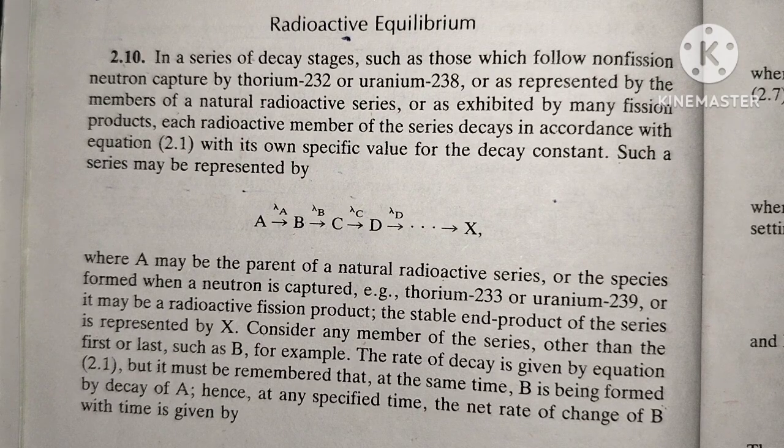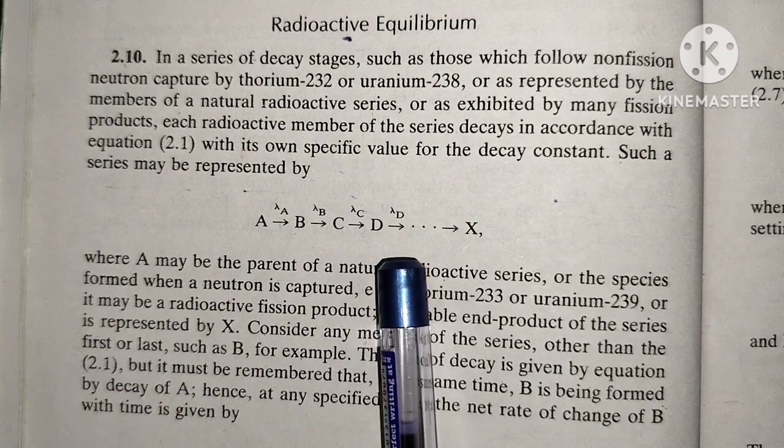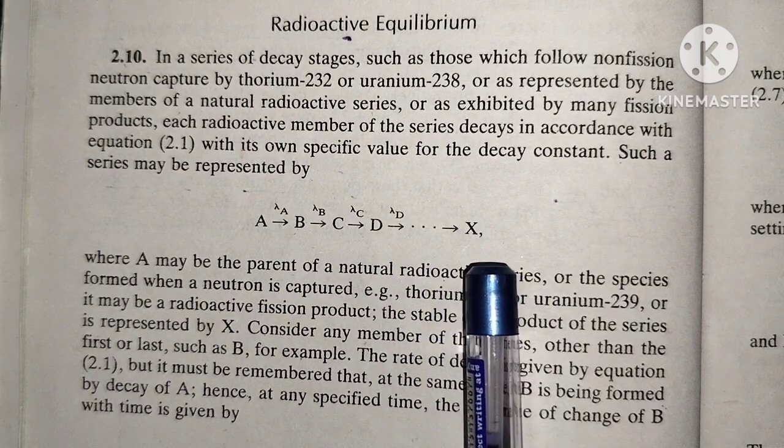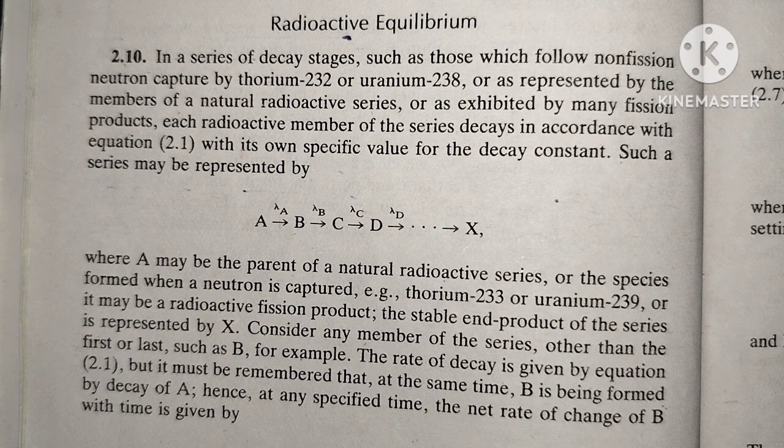You see here A, B, C, D, up to X, no? These are all radioactive elements. The first one is the parent of the natural radioactive series.